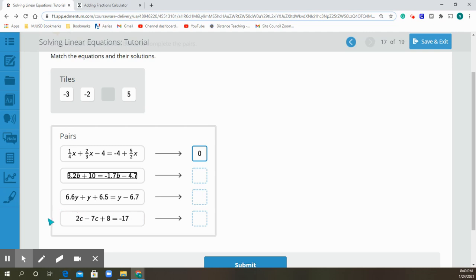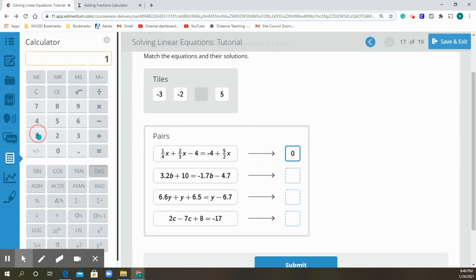Then I apply the distributive property, and I'm going to get 4.9b. I'm going to divide by 4.9, and 14.7 divided by 4.9 equals 3.